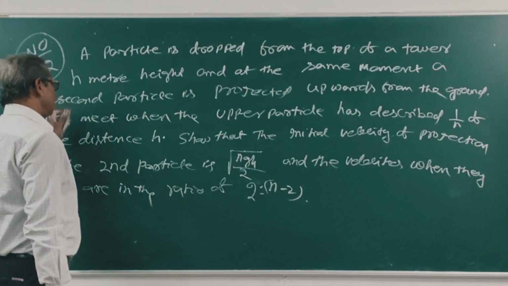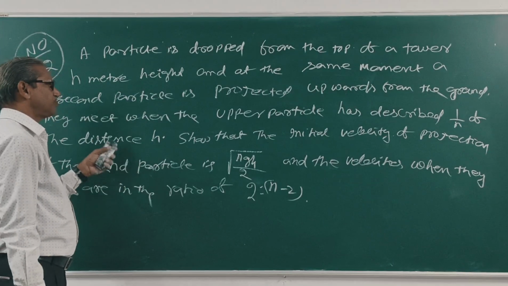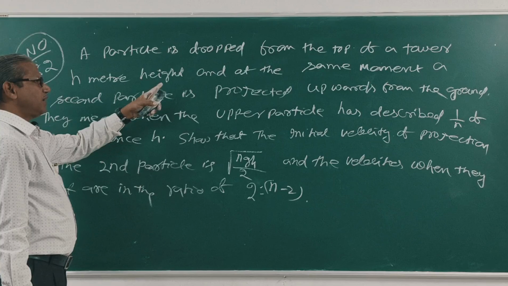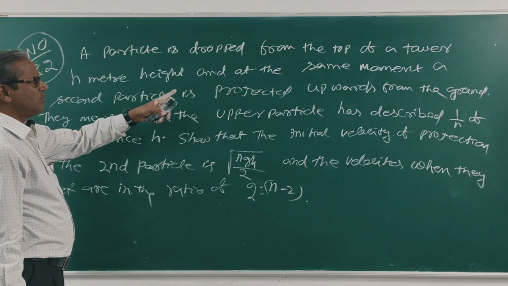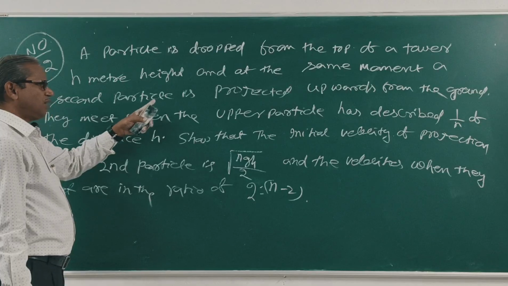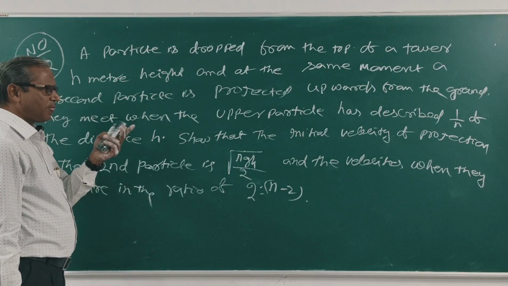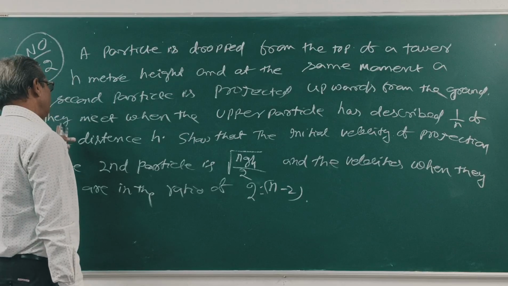Now, this is question number 82, a very important question for repeat examination. The question is: a particle is dropped from the top of a tower of height h, and at the same time another particle is projected upwards from the ground.